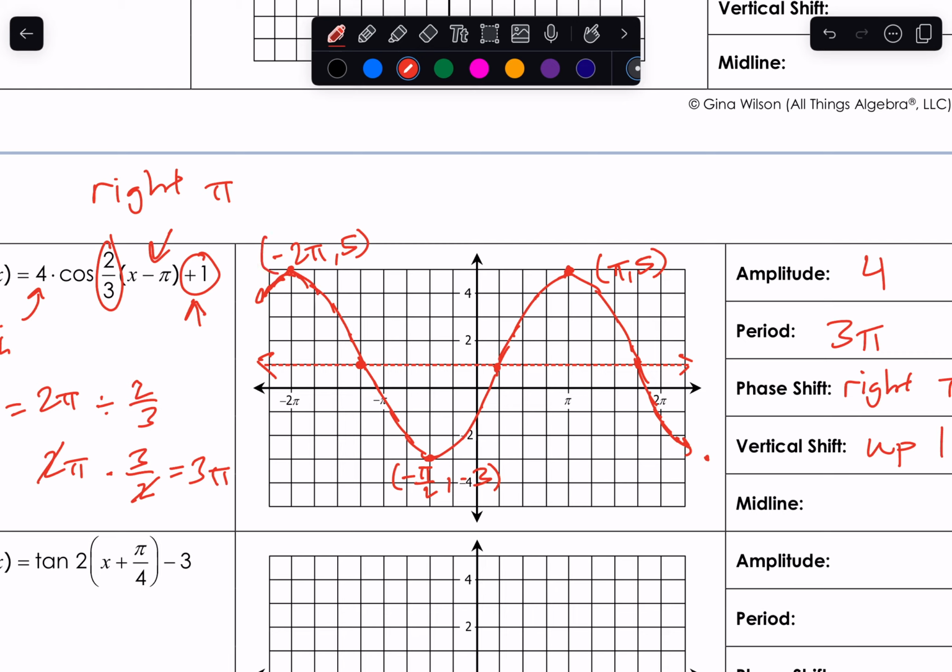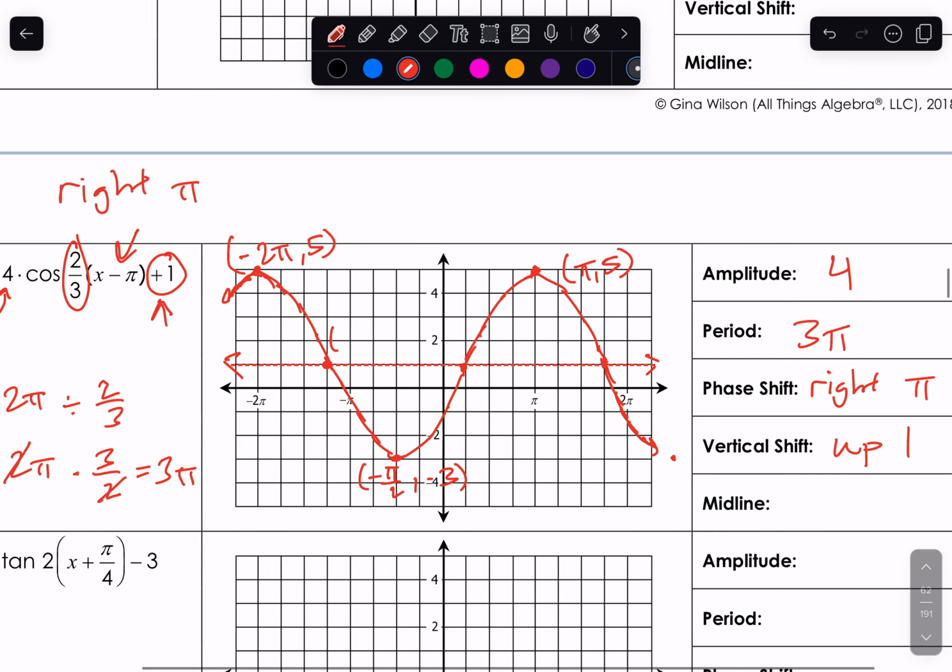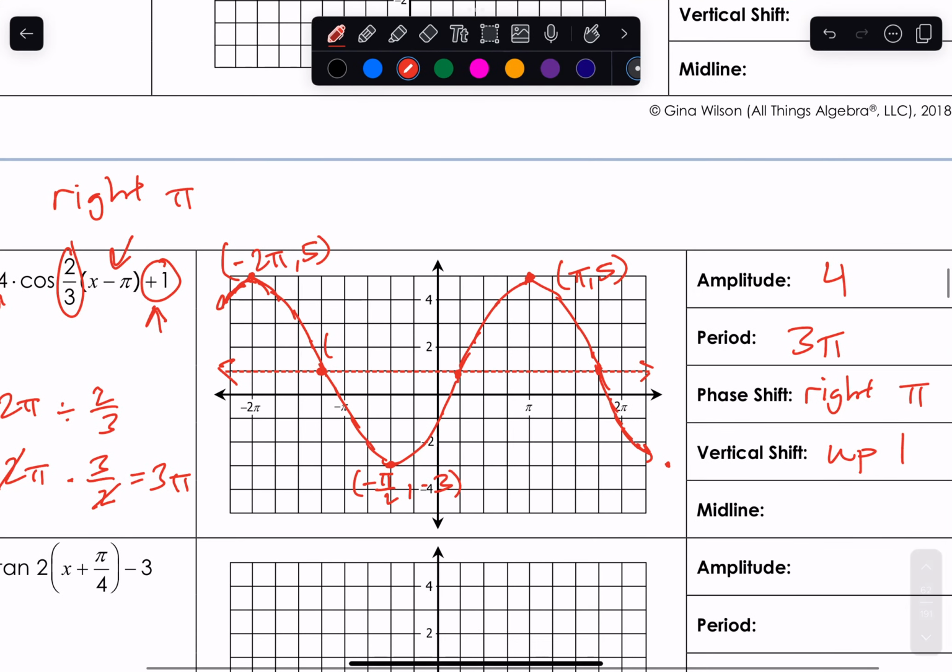Now, along with that, I want us to label the points that intersect our midline, because those actually tell us a lot. I think what's going to make us better at this is if we can figure out how the points move, then we can figure out how the graph moves, right? So here, this is a little tricky, but these are in fourths. So this is negative 5 pi over 4, and the y value is now 1.